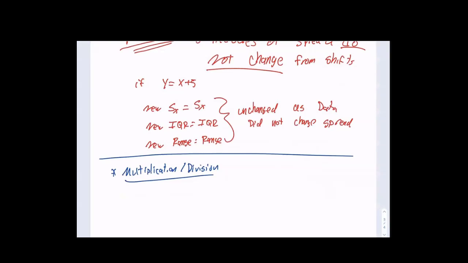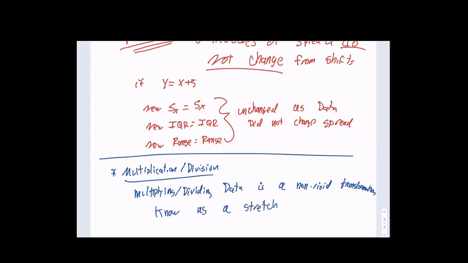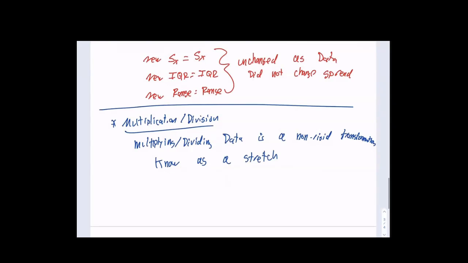Multiplying or dividing data is a non-rigid transformation known as a stretch. Okay? It's known as a stretch.